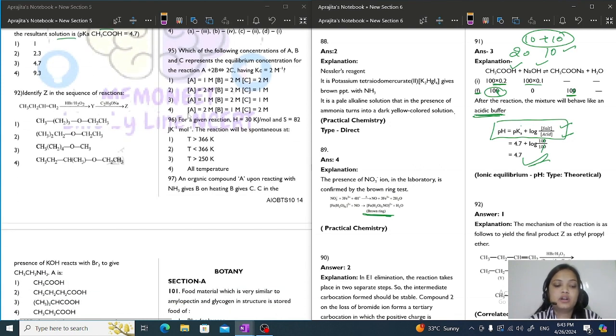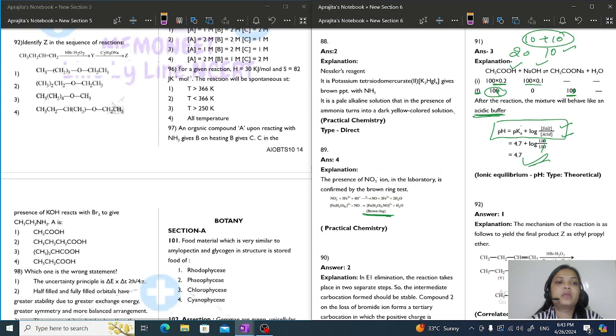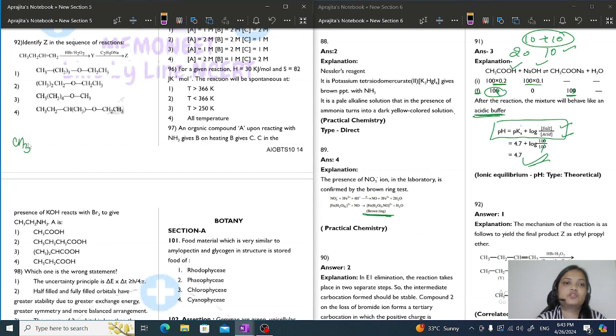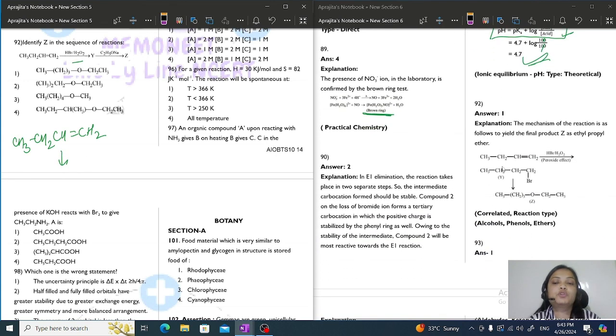Next is your 92nd question. Identify Z in the sequence of the reaction. There is an alkene given to us, CH3, CH2, CH double bond CH2, and HBr is added in the presence of H2O2. If H2O2 was not there, it would have followed the Markovnikov addition, but in the presence of hydrogen peroxide, anti-Markovnikov addition will happen.